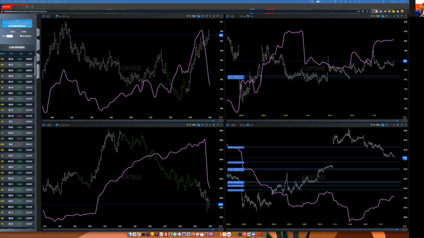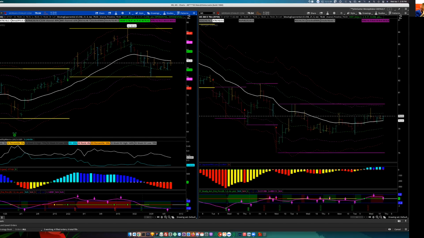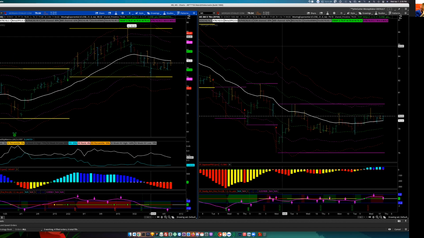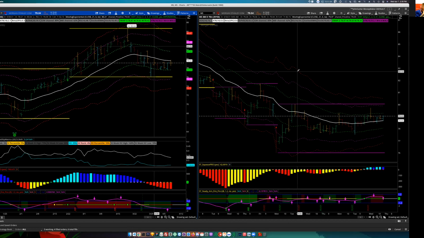Okay. We're gonna start off with MS. This chart system that you see here, real quick overview. These bands are ATR bands. So we've got one ATR, obviously green, one ATR, purple, two ATR, three red, three ATRs.